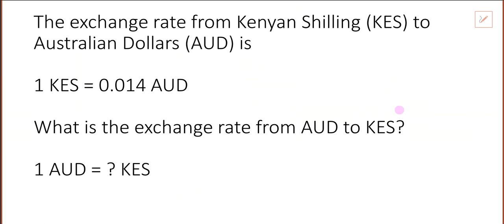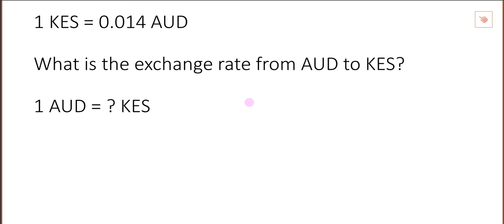Okay. So this question is about finding a reverse ratio to get back from one currency to the other that you started with. So what I need to do is set up my ratios again. So if I've got KES to Australian dollars, I know that one of those gives me 0.014.